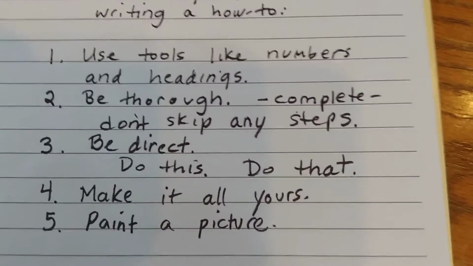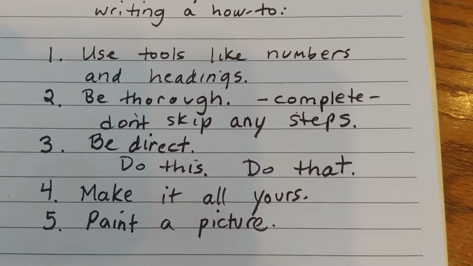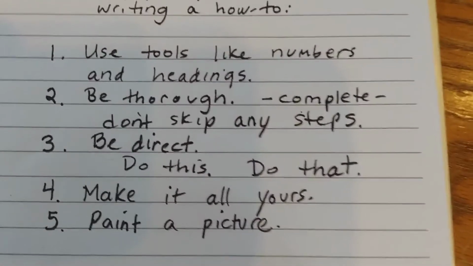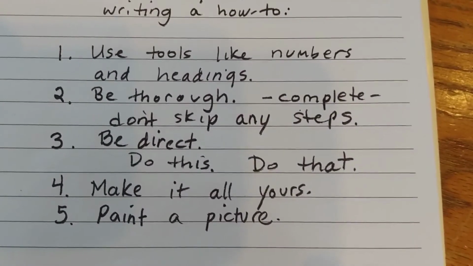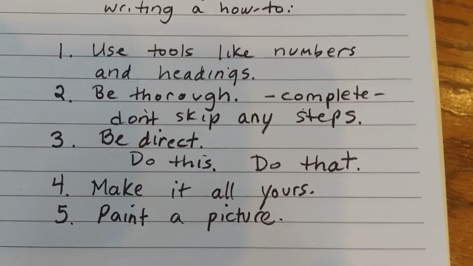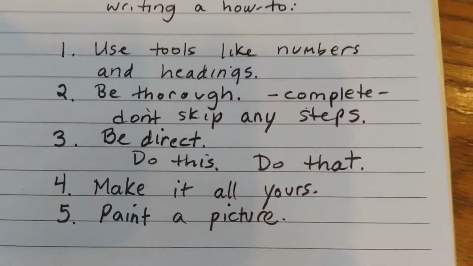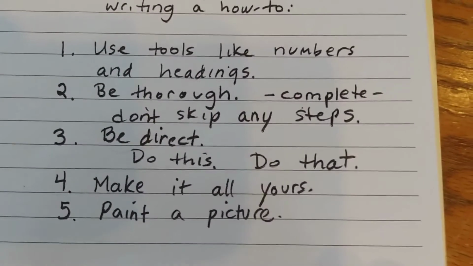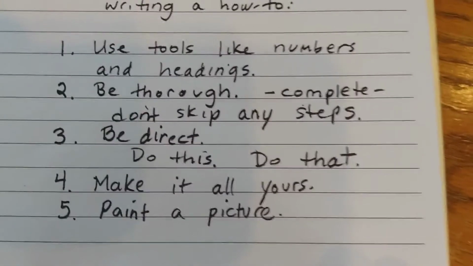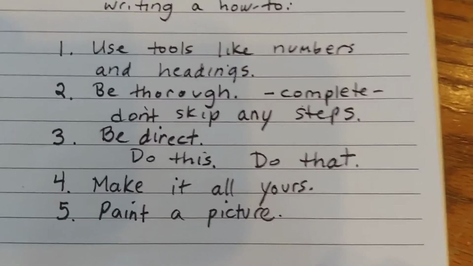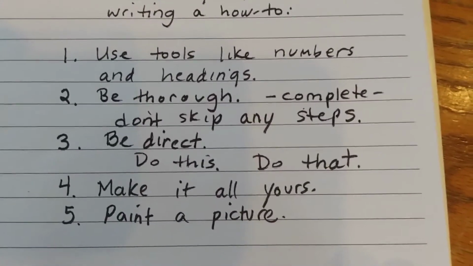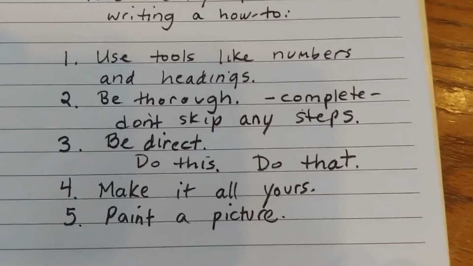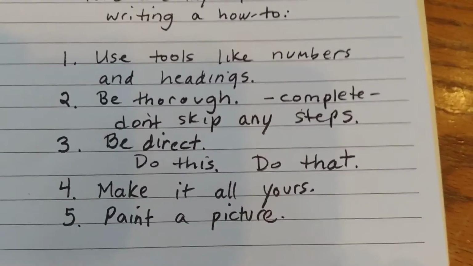So maybe if you're writing about building that house out of a cardboard box, you want to explain what you did to make that special. Maybe you drew a window inside with a flower growing that you could see through the window. Something like that. Really show those details. Be really specific because it'll bring your writing to life and it will help your reader see what you did, but also really want to recreate that too.